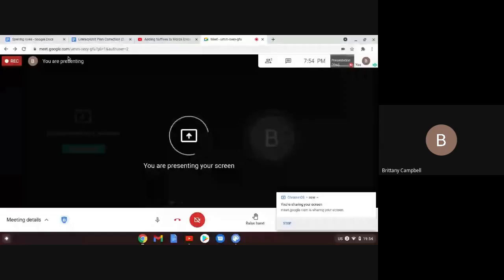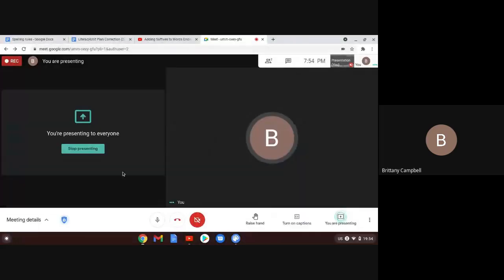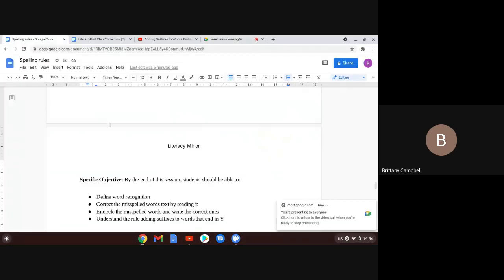All right, so let me just share my screen with you. We are going to pay attention to our specific objectives. For this lesson, we are going to define word recognition. We're going to correct the misspelled words by reading them, encircle the misspelled words and write the correct ones.